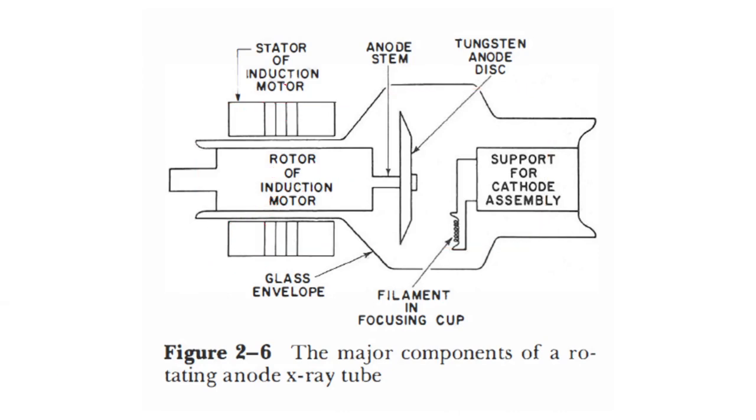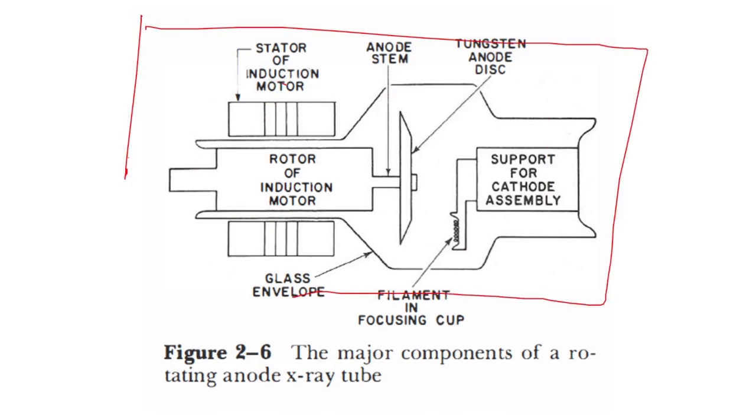On repeated exposure, it is not just the anode. At first, maybe the anode is overheated. Later, this heat might go into the induction motor and the complete anode assembly. Later, the heat might go into the oil and the tube housing also.